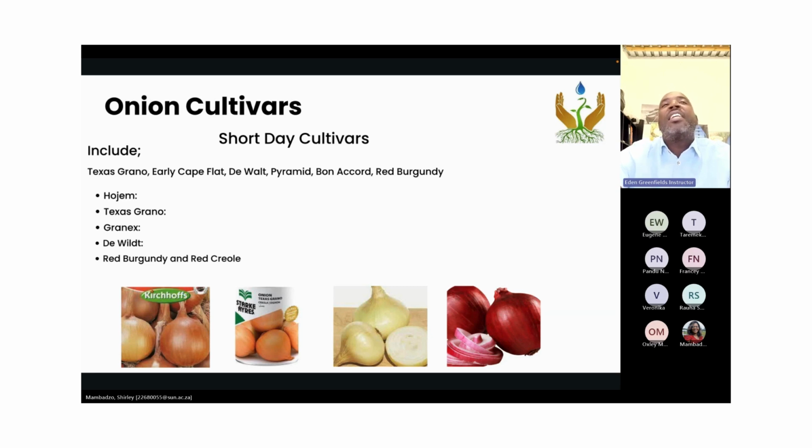They have a fairly long growing period of around 220 to 230 days. So you'll find that mostly they are used to grow in the home gardens, as well as for those who want to do a fresh market business.